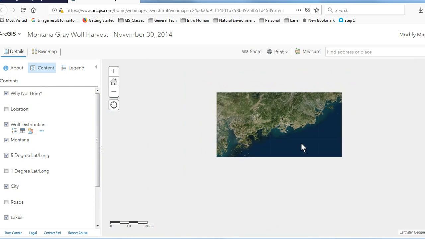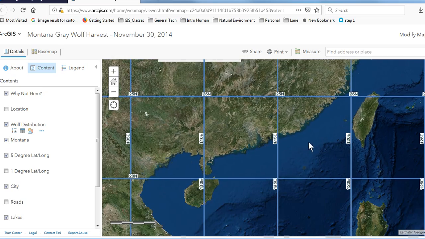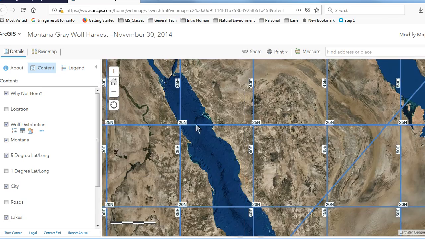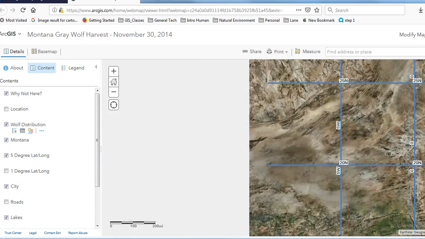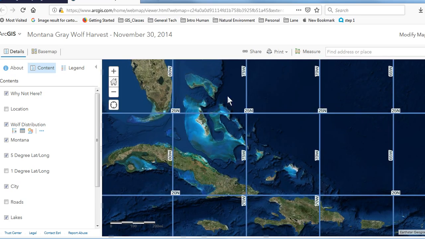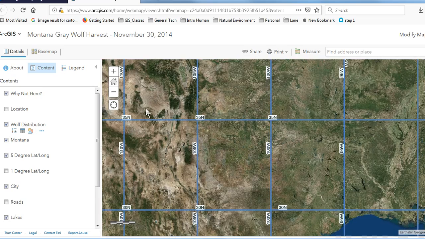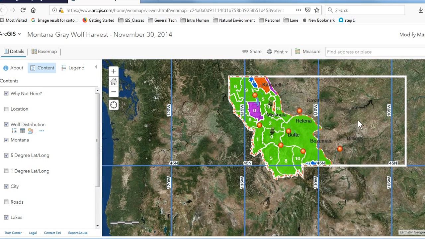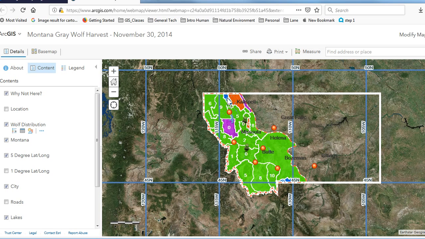Where am I now? So, I'm in China. Would have been easier to go the other way. But anyway, now I'm over Africa. Now where am I? I'm over the Atlantic. Oh, there's Florida. Where's Montana? Okay, here we go. Wow, that was a long journey. Okay, so here we are.